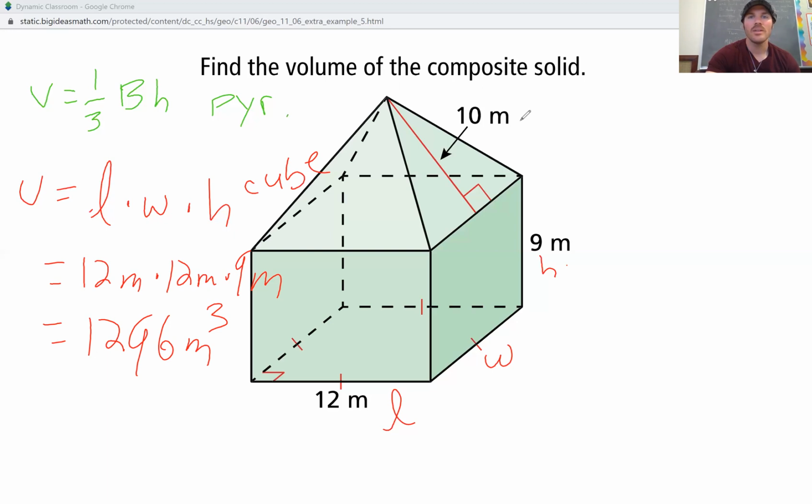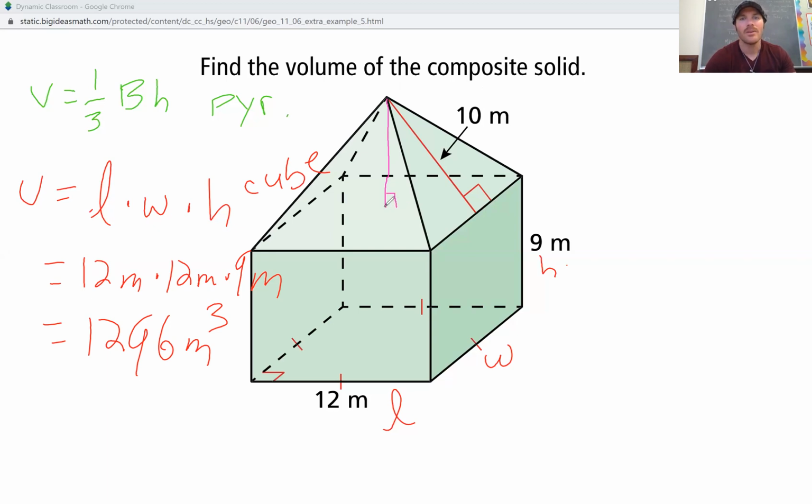Okay, now let's find the volume of the pyramid. What we notice is, let me change this color actually, we can see that this 10 right here is not the height. Don't be fooled by it. You see how it's slanted? It's along the face of this triangle. The height comes straight down to the center of the cube, making a right angle, okay?